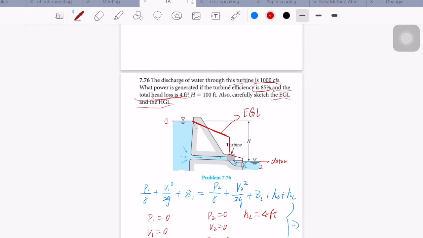So it is below the EGL, and also there is an abrupt drop. And then the HGL will approach the water surface.